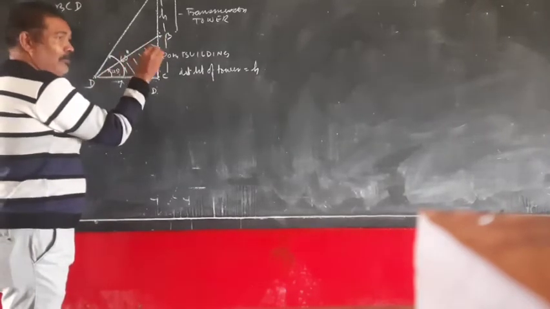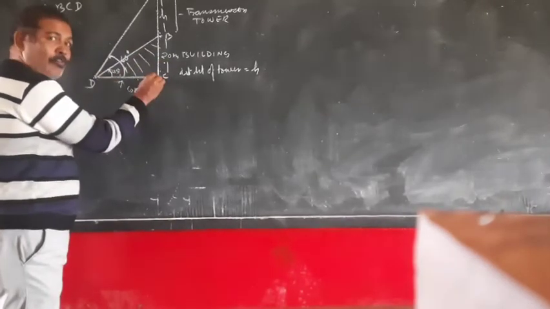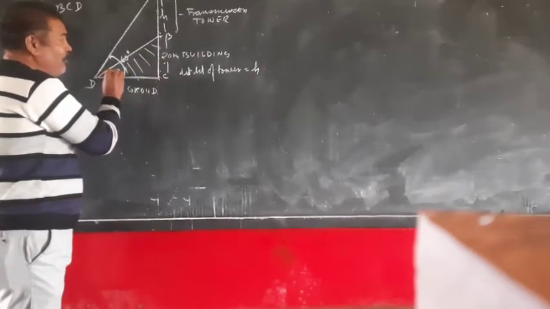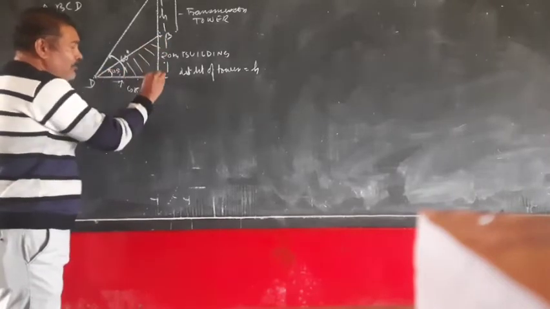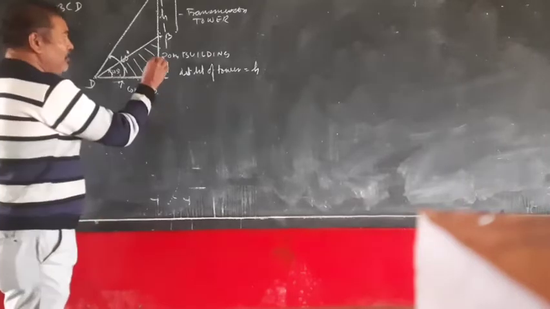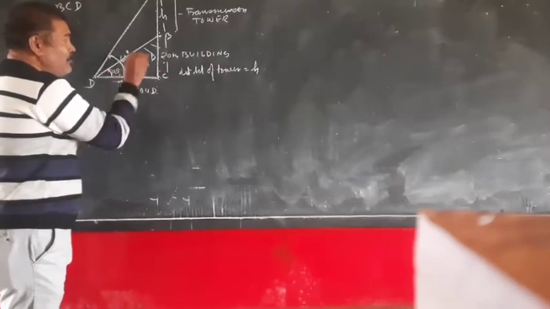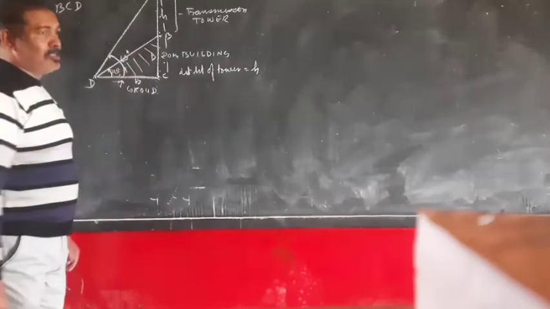Then from the right triangle BCD, we have one acute angle, 45 degree, and one side, so we are in a position to find the value of CD. For this 45 degree, this 20 meter is the perpendicular and this one is the base. Which T ratio is between perpendicular and base?